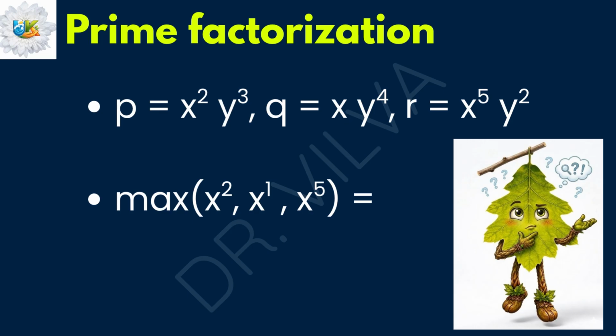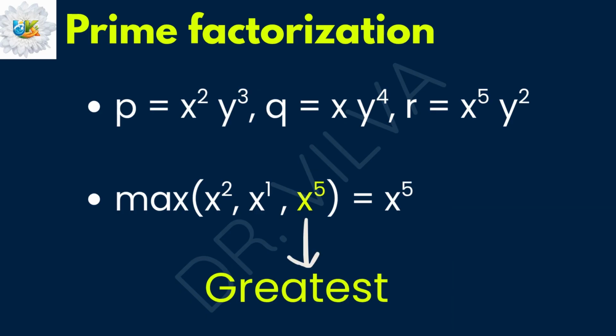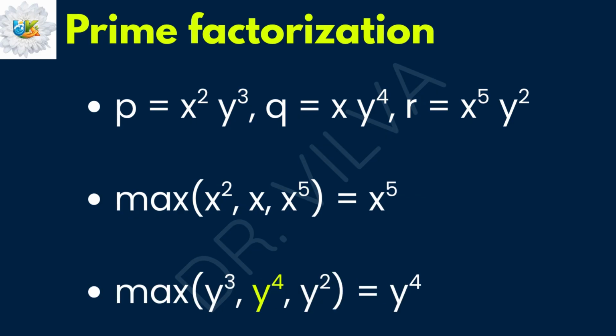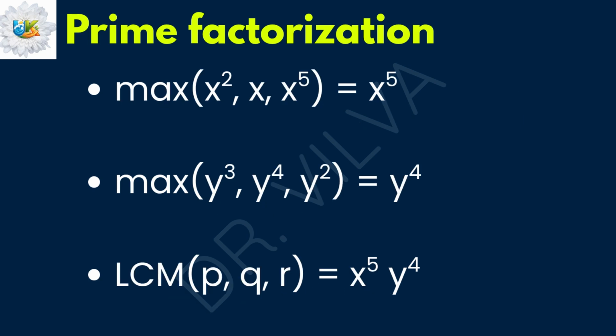Between x square, x and x power 5, the highest power is x power 5. For y, between y cube, y power 4 and y square, the highest power is y power 4. So, our LCM is simply x power 5 times y power 4.